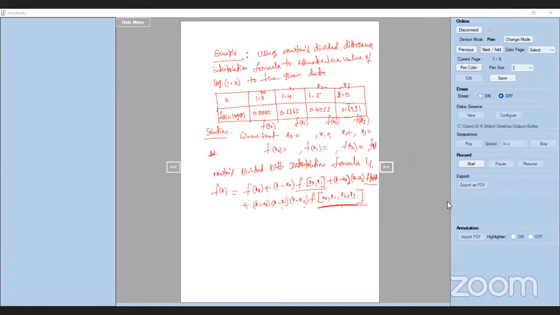I don't have any PDF. If I had a PDF, I would give it to you. I explained this on the board, so I don't have this material in the form of PDF and I cannot give it to you.